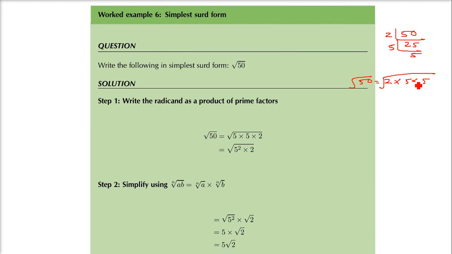And we will now simplify using this: nth root of ab is nth root of a and nth root of b. So how are we going to write this? We'll separate these two out and these two out. This one out. This is 2 raised to the power 1 and this is 5 raised to the power 2.